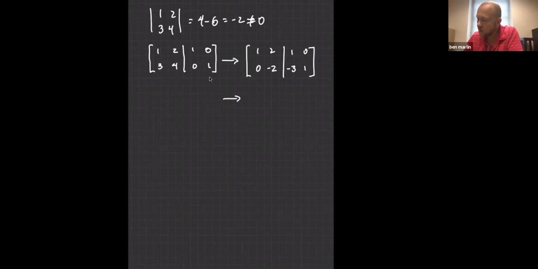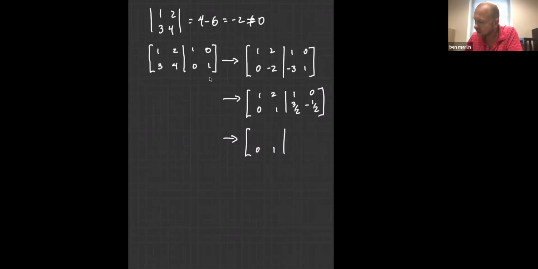And then we're going to divide out that -2 and have that. I'll go ahead and copy this down. You could skip a step here if you can do the visualization. But then I'm going to subtract 2 times the bottom row from the top row.